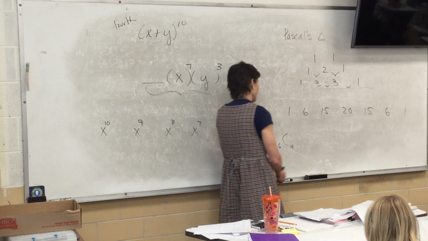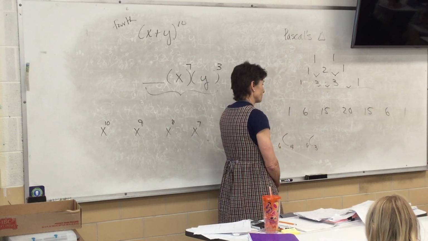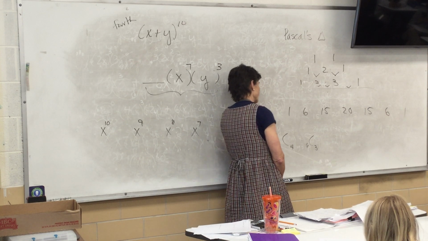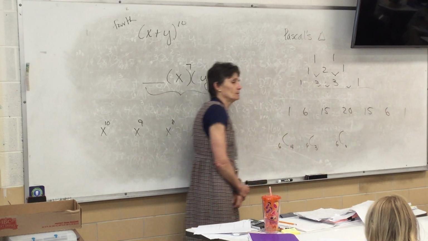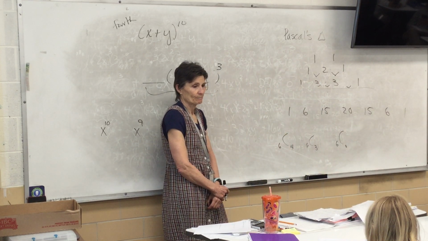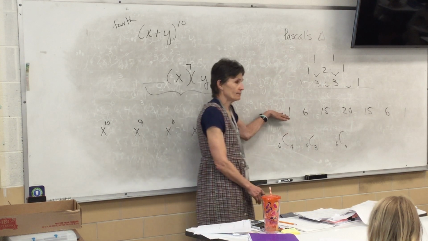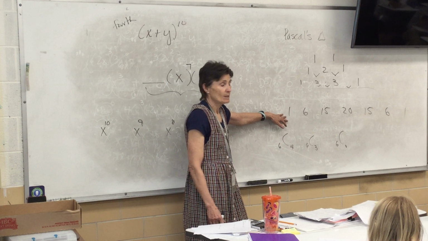And when you get that number, then I want you to type in 6C3. And just randomly 6C0. Are any of the answers that you're getting in this row? They all better be in this row.